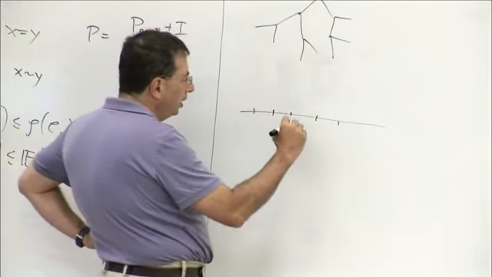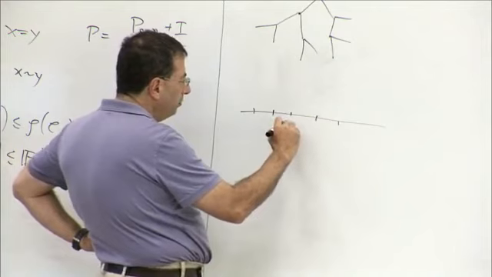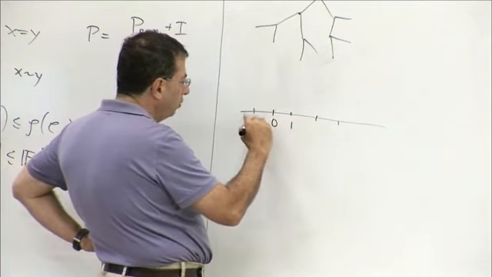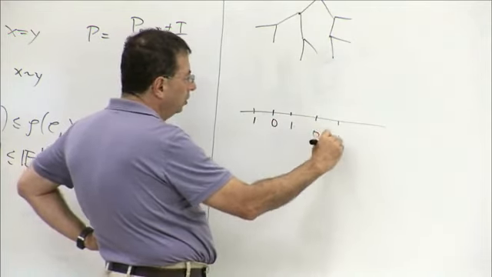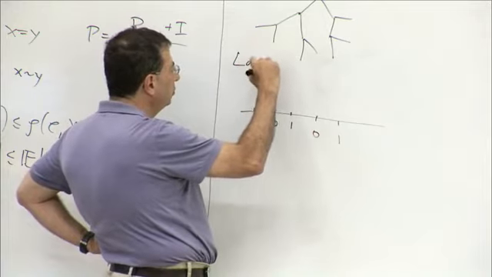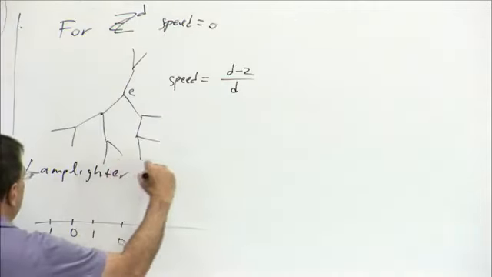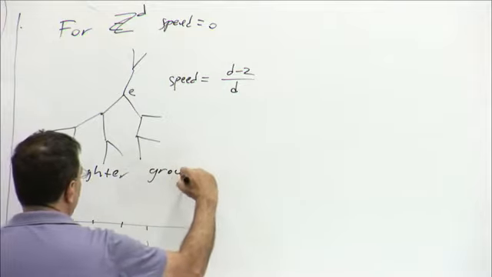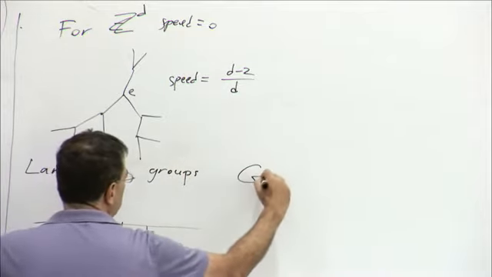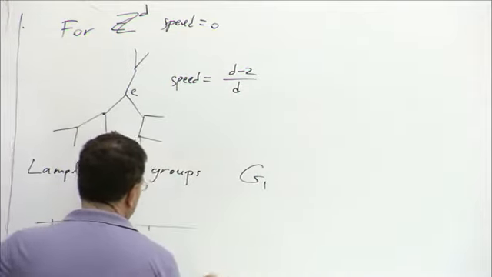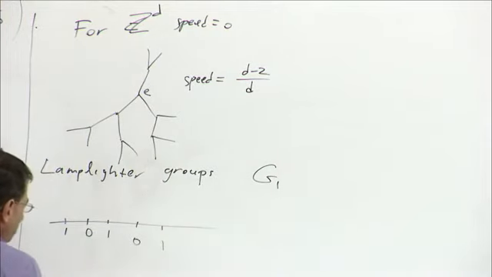So here is an element of the group. It's given by a finite sequence of lamps. I'm starting with the one-dimensional one, which is called G1. So this is a lamplighter group just over Z.